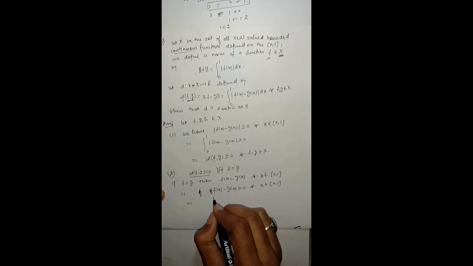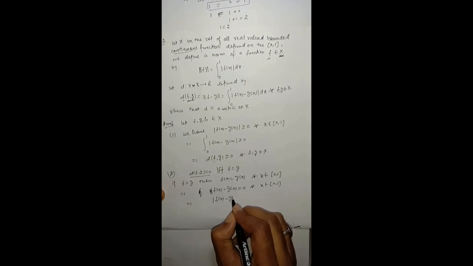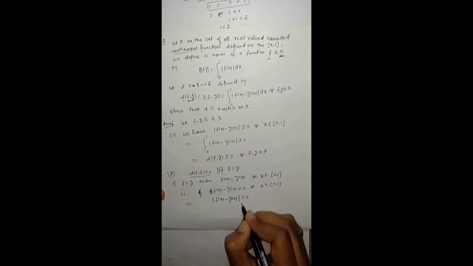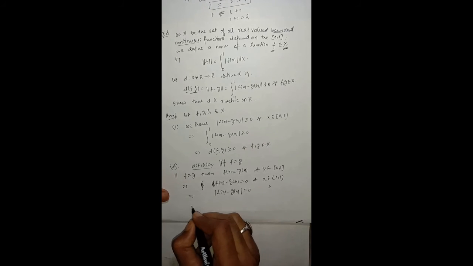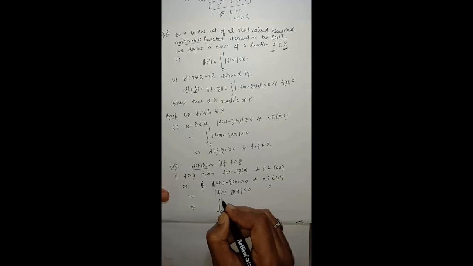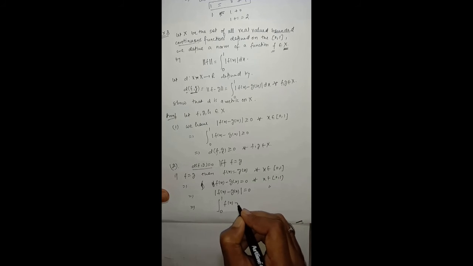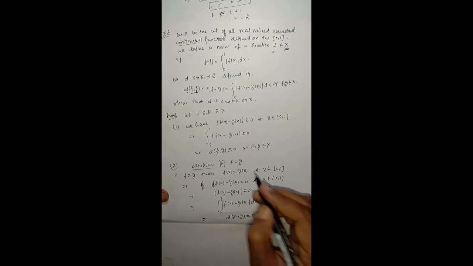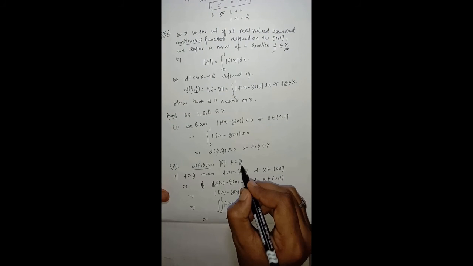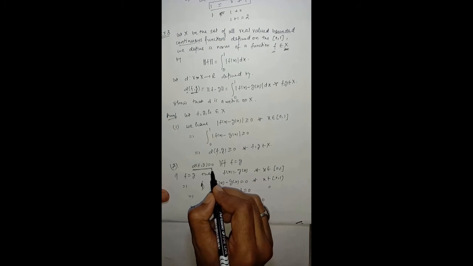This implies we can write |f(x) - g(x)| is equal to 0 for all x belonging to the closed interval. This implies the integral from 0 to 1 of |f(x) - g(x)| dx is equal to 0. Hence, by the definition, we can write d(f, g) is equal to 0. So if f is equal to g, we have proved this is equal to 0.